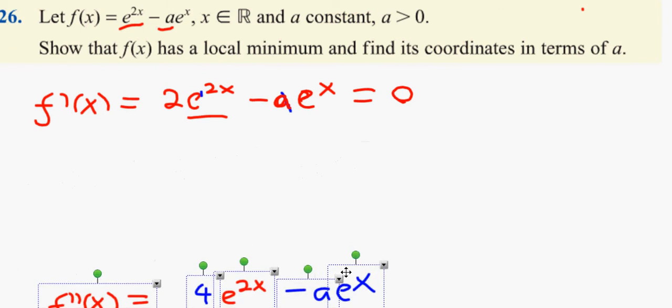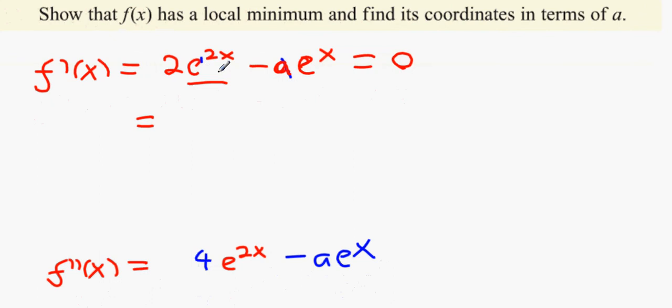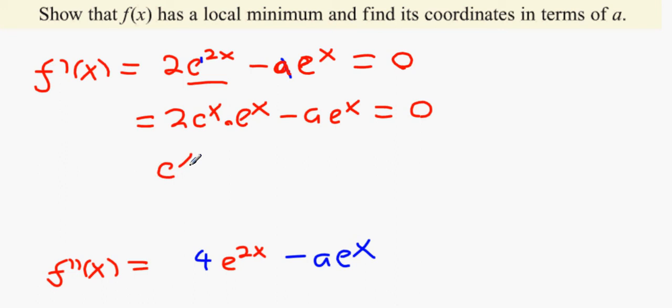Something to remember: e to the 2x is e to the x by e to the x. And this is minus a e to the x equals 0. Take out e to the x, and we get e to the x times 2e to the x minus a equals 0.